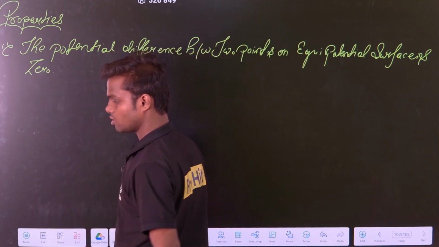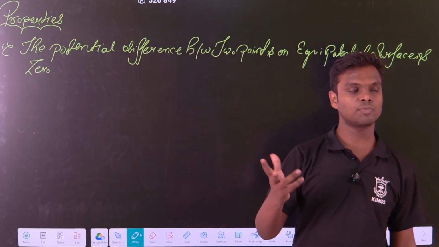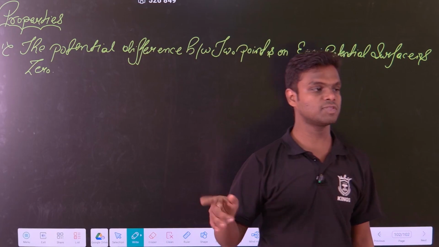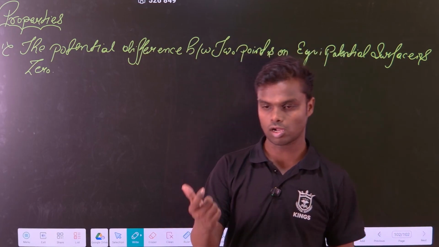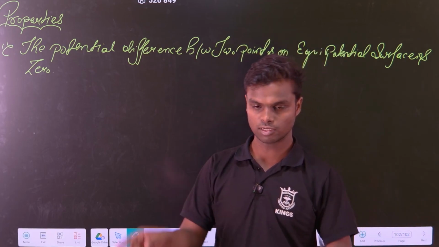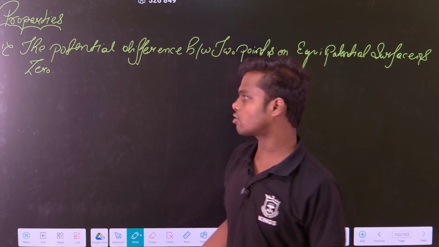That is the first thing. Why? Because it is an equipotential. So if the potential is the same everywhere, and you take the difference between the potentials at 2 points, it will always be 0. That is common sense.